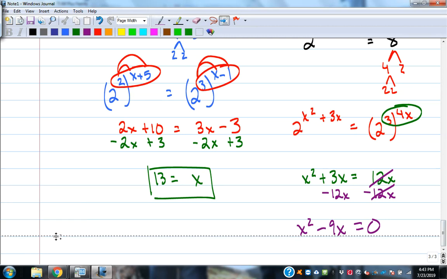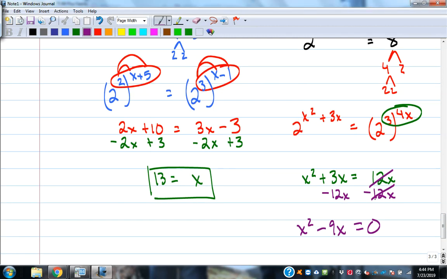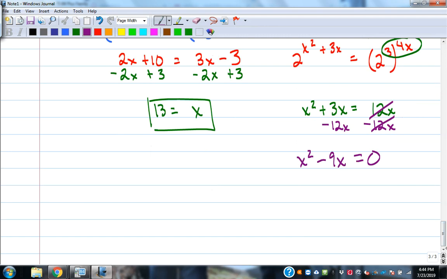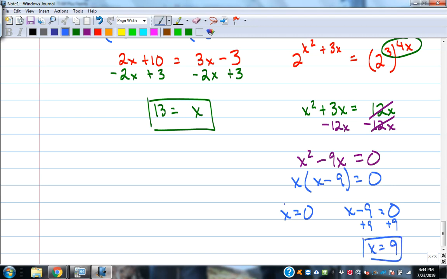I can solve it by quadratic formula or factoring. I think factoring is the easiest way here because you can just do a GCF of x and then get x equals 0, x minus 9 equals 0, and add 9. x equals 9 and x equals 0. Those are the two answers for that problem.